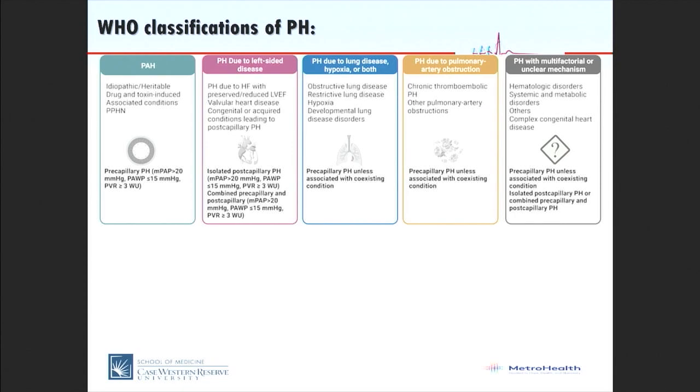In group 2, the problem is in the left heart. Group 3, the problem is in the lung due to hypoxia. Group 4 is obstruction due to thromboembolic disease. And group 5 is mixed entities of hematological disorders, sarcoidosis, and mixed etiology of all the other 4 groups.